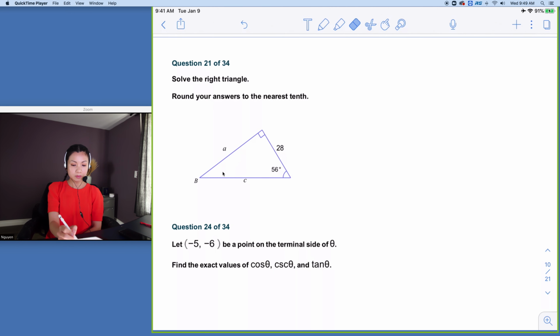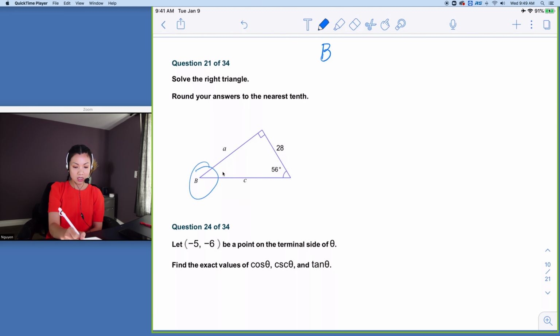For this problem, notice that we are missing A, we're missing C, so we're missing two sides, and we're missing an angle. So I think the easiest one we can do is to solve for the angle, because recall that all the angles of a triangle add up to 180.